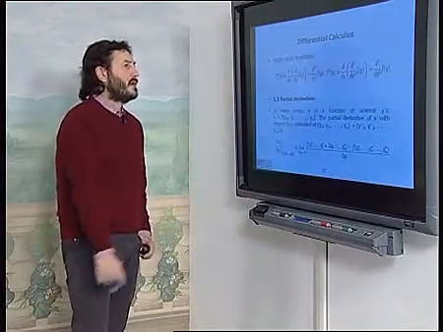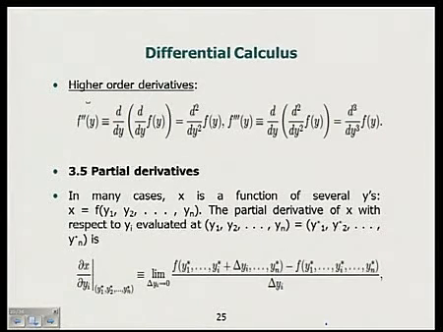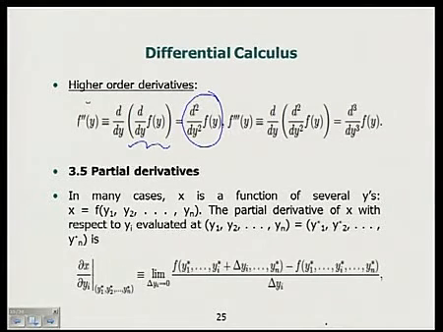Then we have higher-order derivatives. If our function and its derivative are continuous, we can build f double prime of y. This is the derivative of the first derivative with respect to y. This is the second derivative with respect to y squared of our function f of y, and so on.